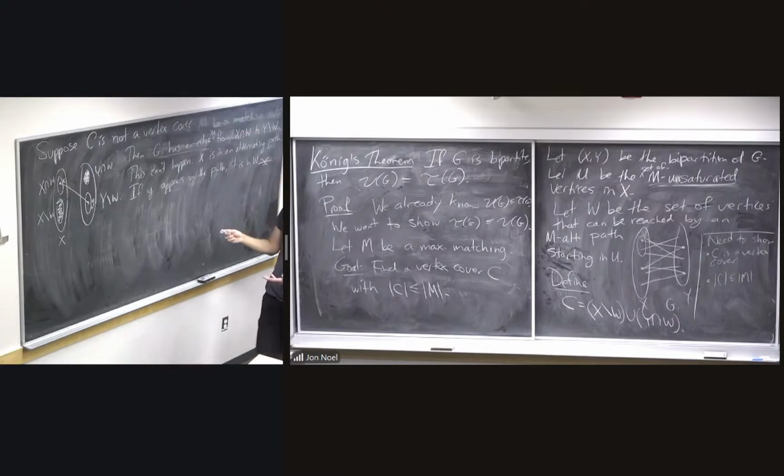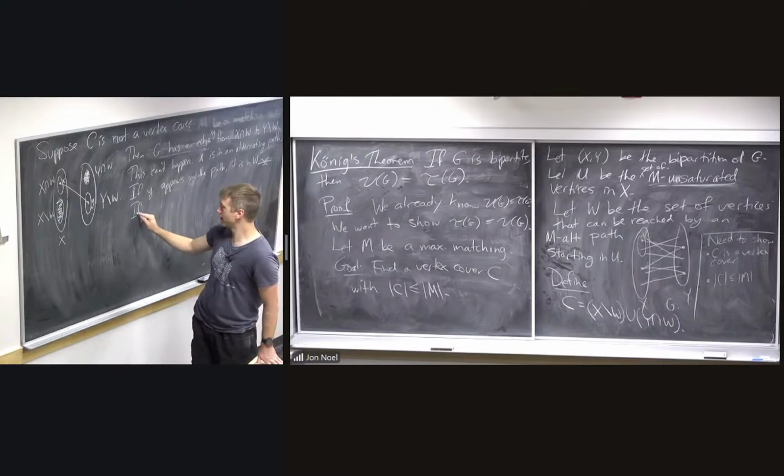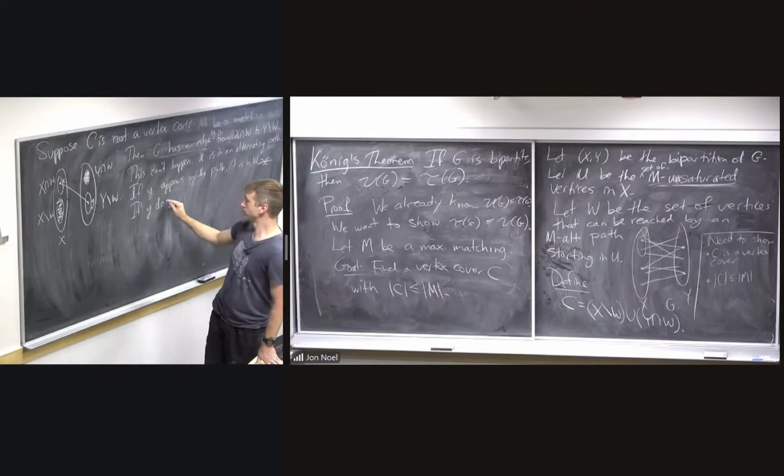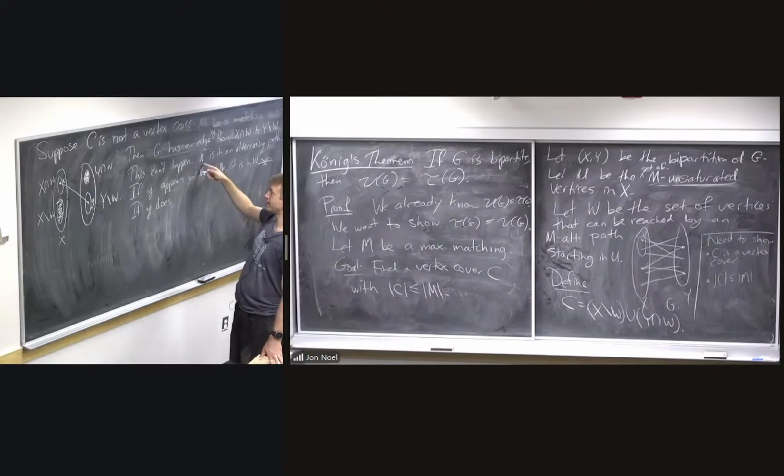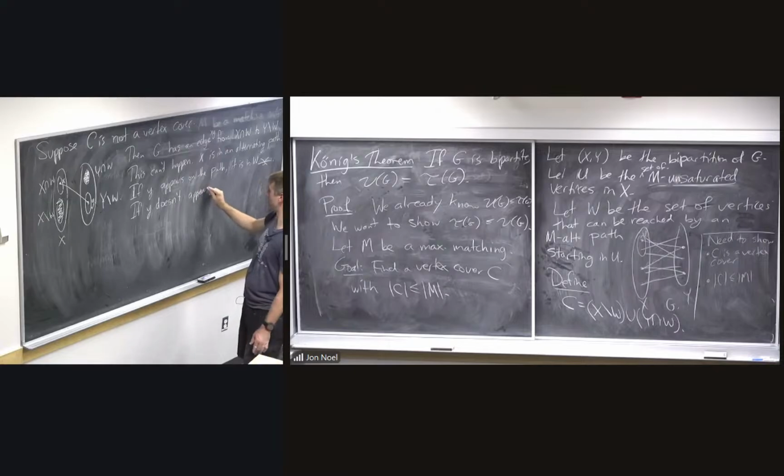If it doesn't appear on the path, I'm talking about the path that ends at x, then if I add the edge x, y to the end of that path, it makes a longer alternating path that actually does end at y.